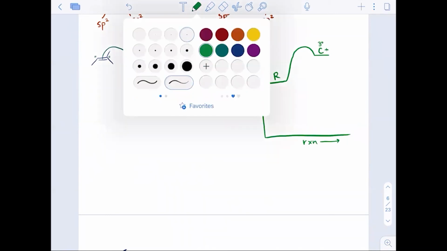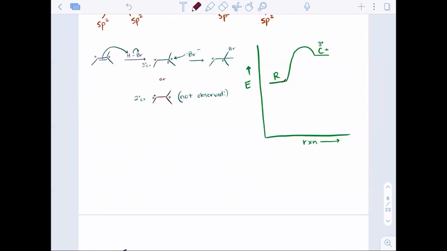If you wanted to think about where that secondary lies and why we don't see the less substituted carbocation form, it is because the activation energy for forming that secondary carbocation is way too high in energy. This is why we do not see a secondary form when a tertiary, a more substituted carbocation is available.